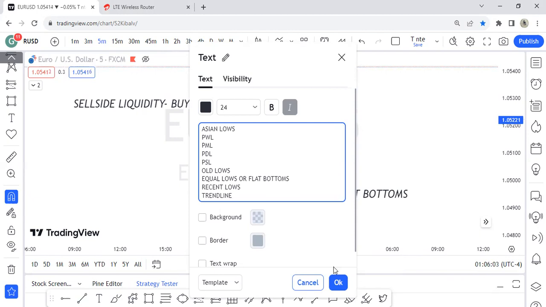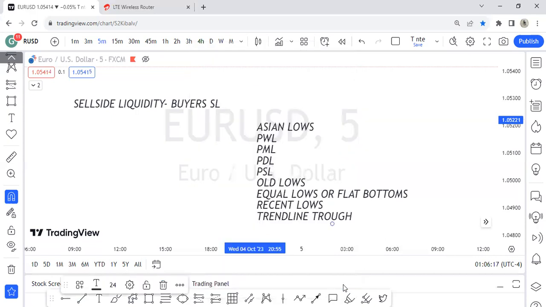So trend line bottom, that's the bottom part of the trend line. I think the trough is the bottom. So it's the lowest point.